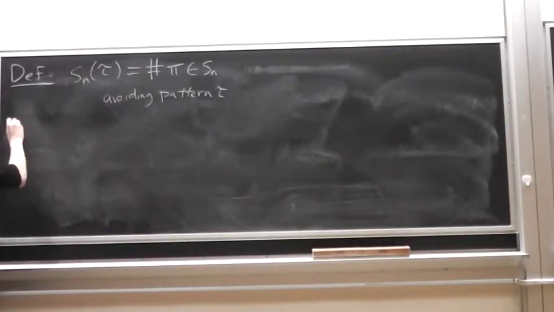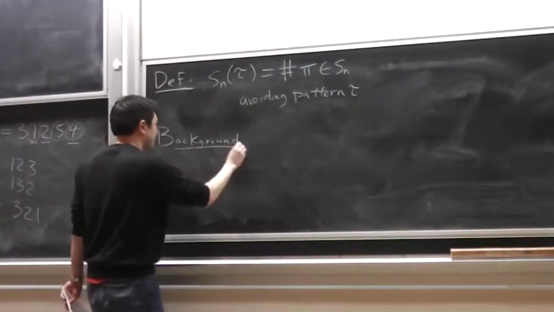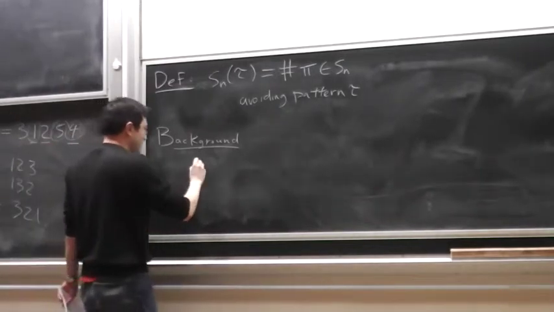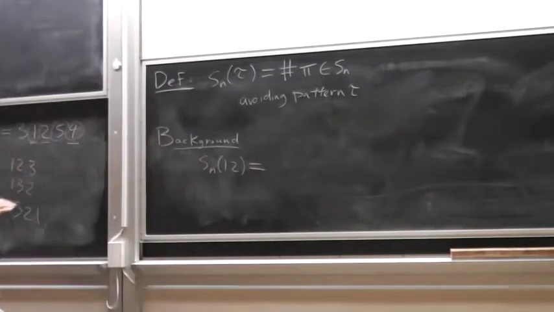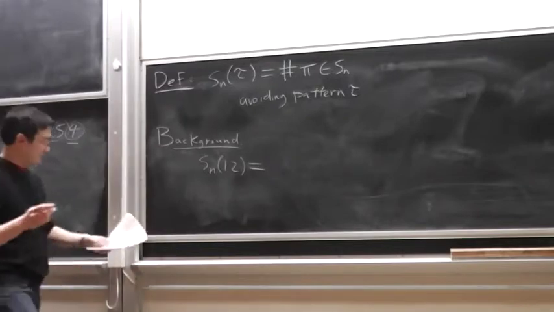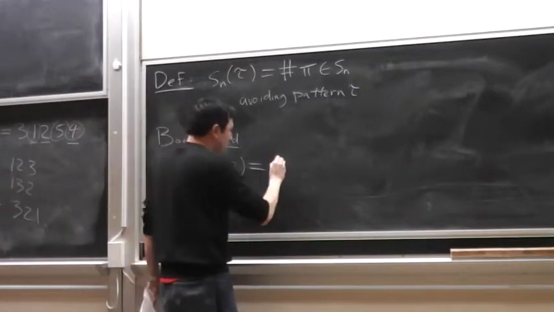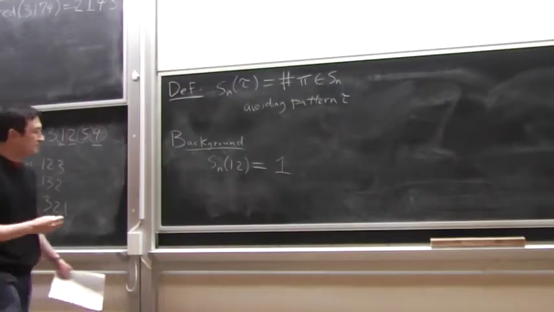So just a little bit of background. If I wanted to avoid the pattern, say, 1, 2, this is sort of a, is everyone following me, is everyone awake kind of question. So I can't have any increase in any of the entries, so it must be the decreasing permutation, so there's only one possible permutation for each n.